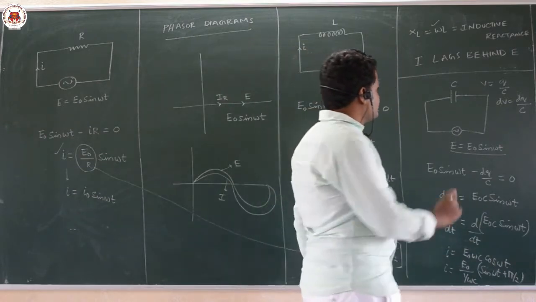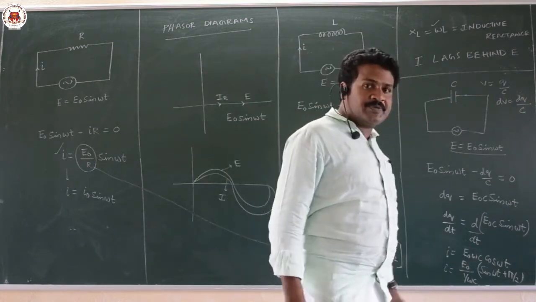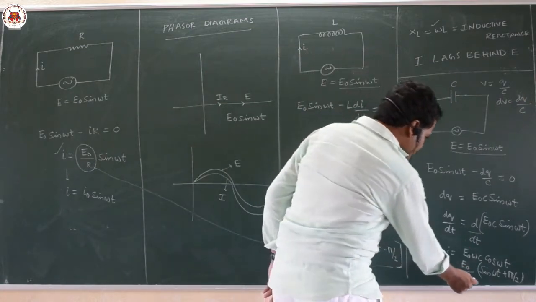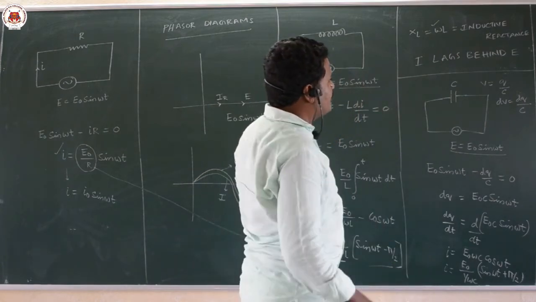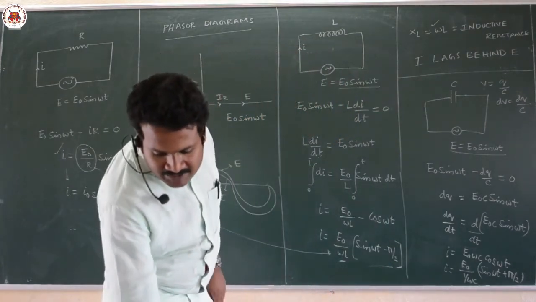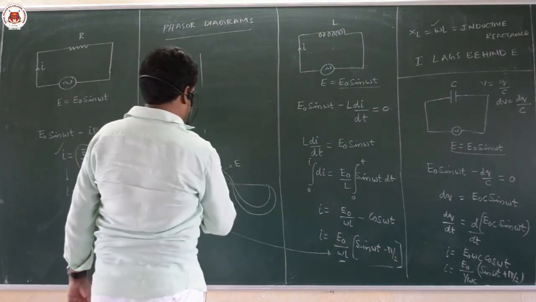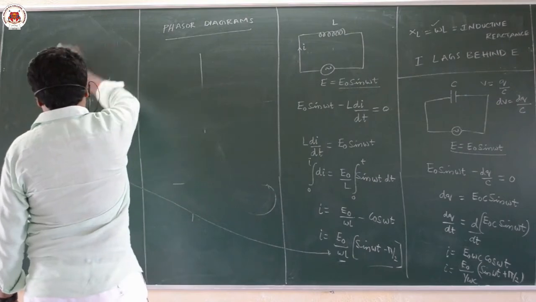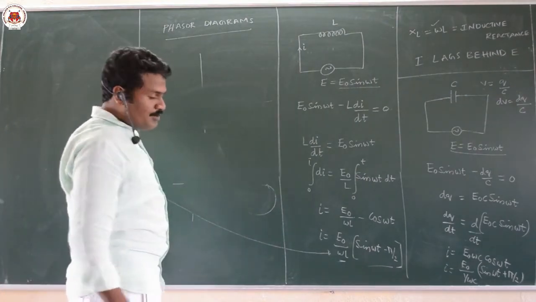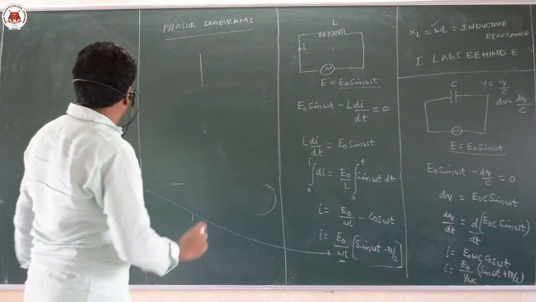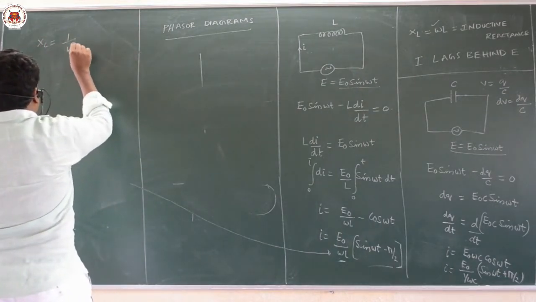You can observe here, the applied EMF is E naught sin omega t, but the current I got is sin of omega t plus pi by 2. So in case of a capacitor, current leads the applied EMF. Where you had omega L, here you have 1 by omega C, which is nothing but the capacitive reactance. Capacitive reactance of the capacitor is Xc is equal to 1 by omega C.